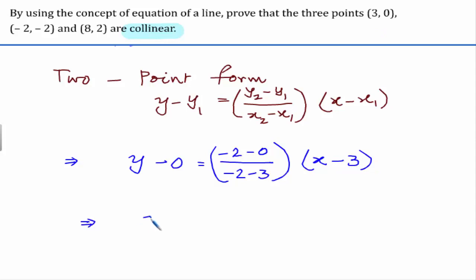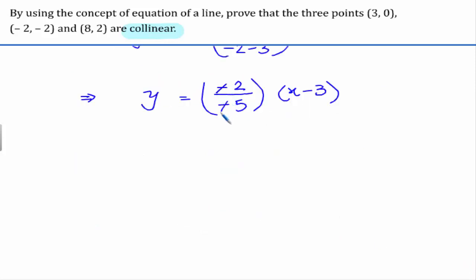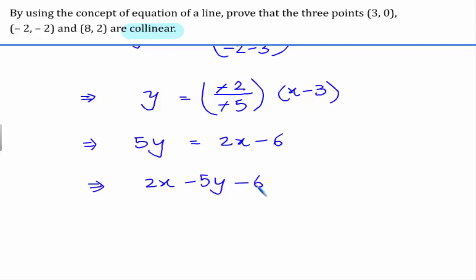This will give us y is equal to minus 2 by minus 5 into x minus 3. Now let us cross multiply, which gives 5y is equal to 2x minus 6, that is 2x minus 5y minus 6 is equal to 0. Now this is the equation passing through the first 2 points.